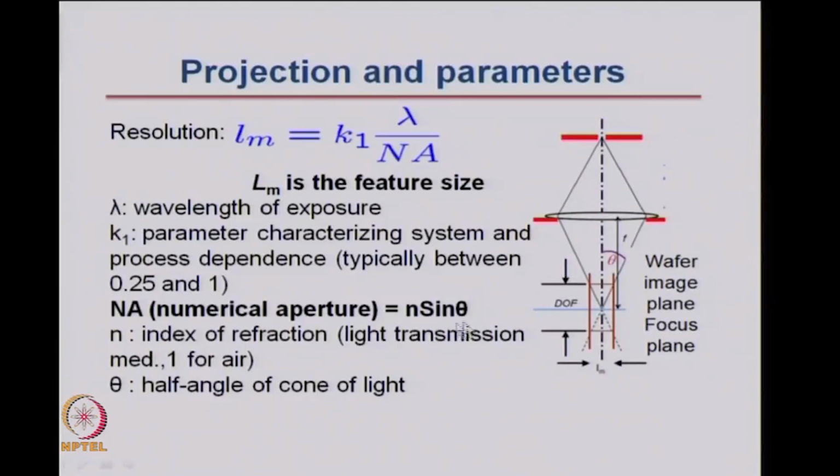If you take the sine of that half angle theta, multiplied by n, which is the refractive index, you calculate the numerical aperture.